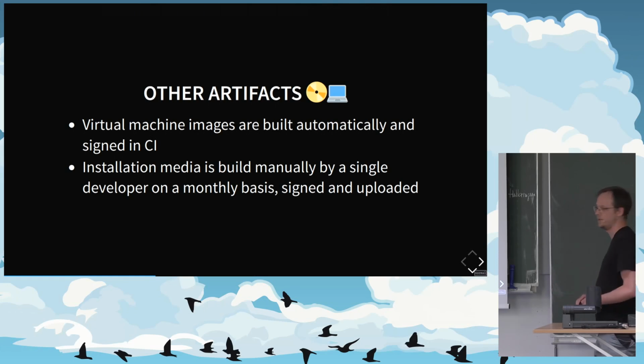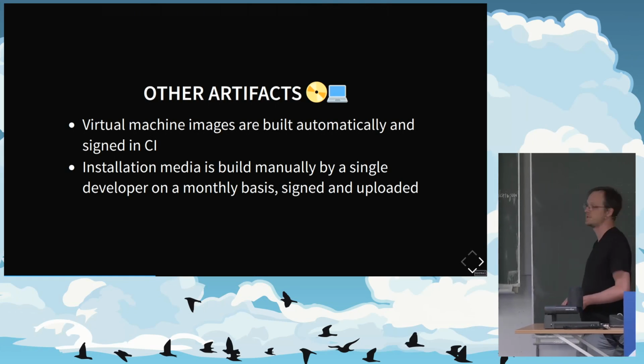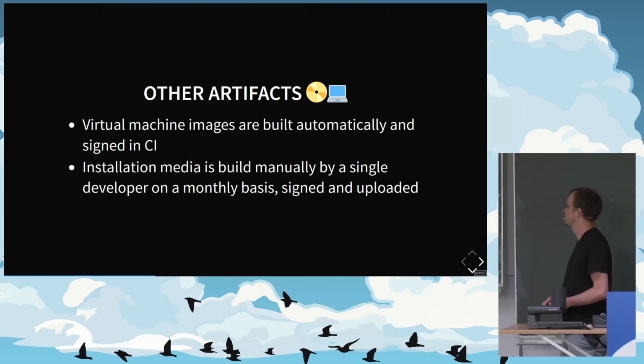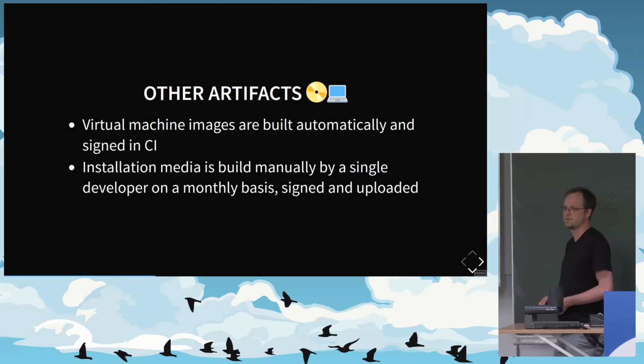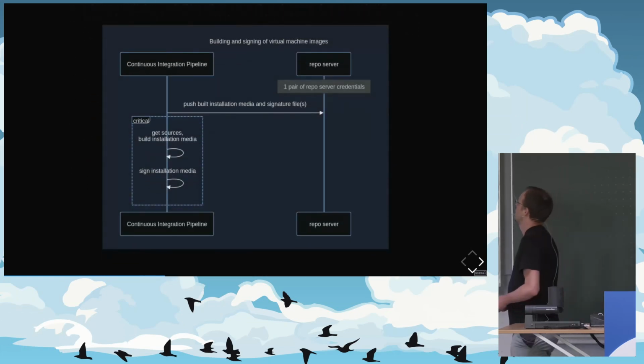They are built automatically in CI, and we also sign them in CI. The installation media that we provide monthly is actually built manually by a single developer and also signed manually, etc. And then uploaded. So there's sadly a lot of manual process going on here.